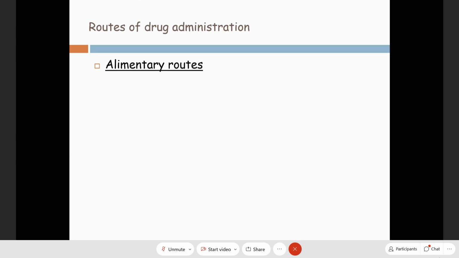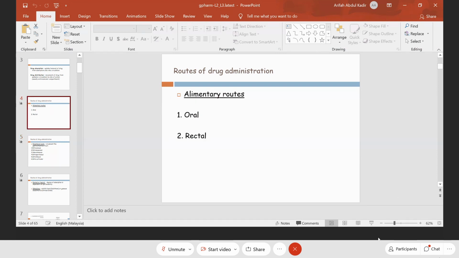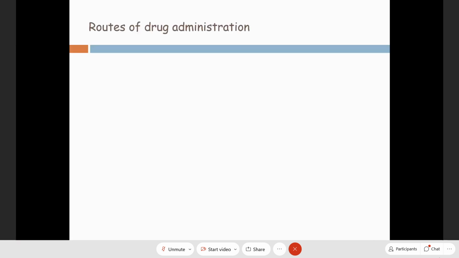Okay, right. I will just show you this. There are enteral routes of drug administration, and also parenteral.